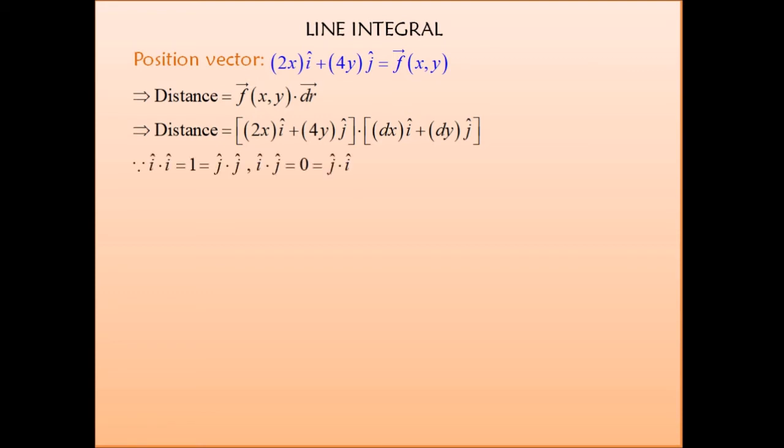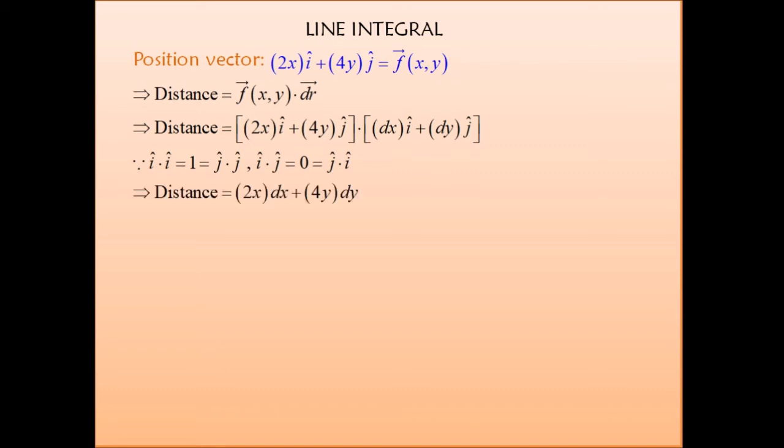Since we have discussed dot product and cross product in our previous video, we will take i cap dot i cap equals 1, which equals j cap dot j cap, and i cap dot j cap equals 0, which equals j cap dot i cap. After solving the dot product of these two terms, we get the distance, which equals 2x dx plus 4y dy.